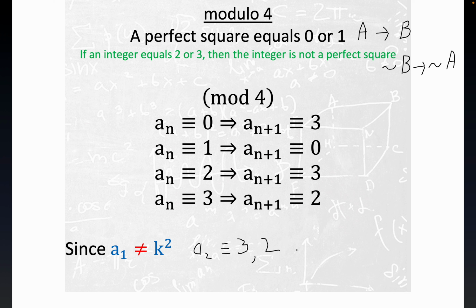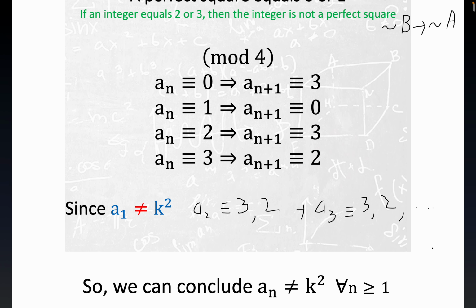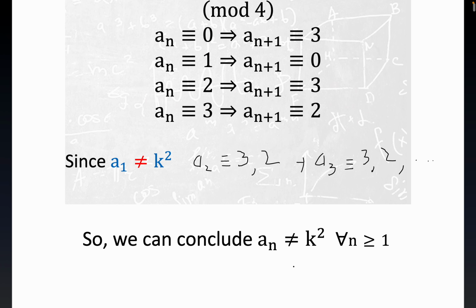This would imply that a sub 3 would also be congruent to 3 or 2, and it's understood we're doing mod 4 here. You see this would just go on ad infinitum. So what we have here is that a sub n is not a perfect square for all n.